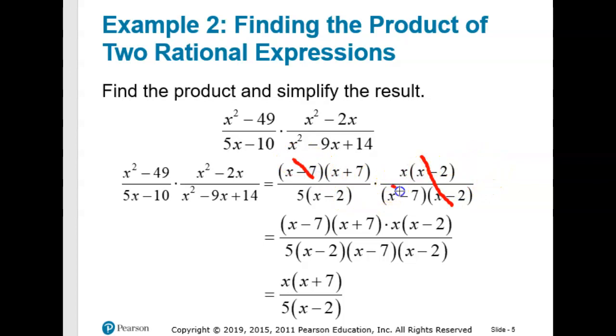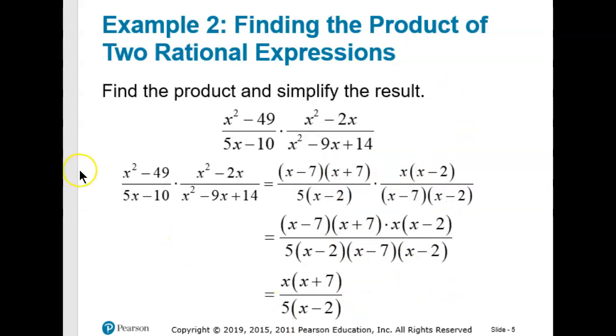We have x minus 7 and x minus 7 in the numerator and denominator, so that also simplifies to 1, leaving us an x plus 7 in the numerator right here, leaving us a 5 and an x minus 2 in the denominator here.